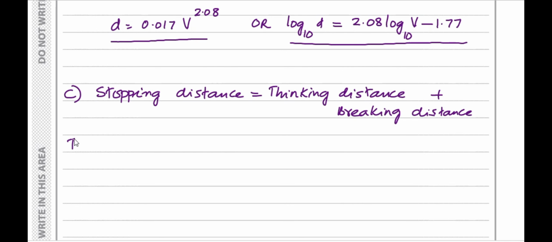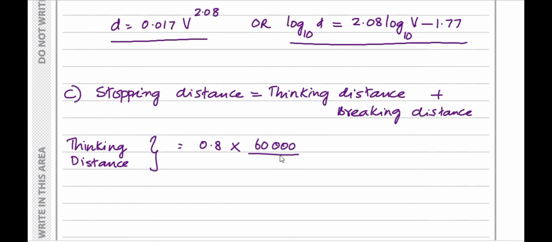So thinking distance is equal to what? The car is going at a speed of 60 kilometers per hour. So 0.8 seconds times the speed, which is 60 kilometers, is 60,000 meters. But we have to convert that into per second. That is, divide by 3,600, and that gives us 13.33 meters. So let's hold that there.